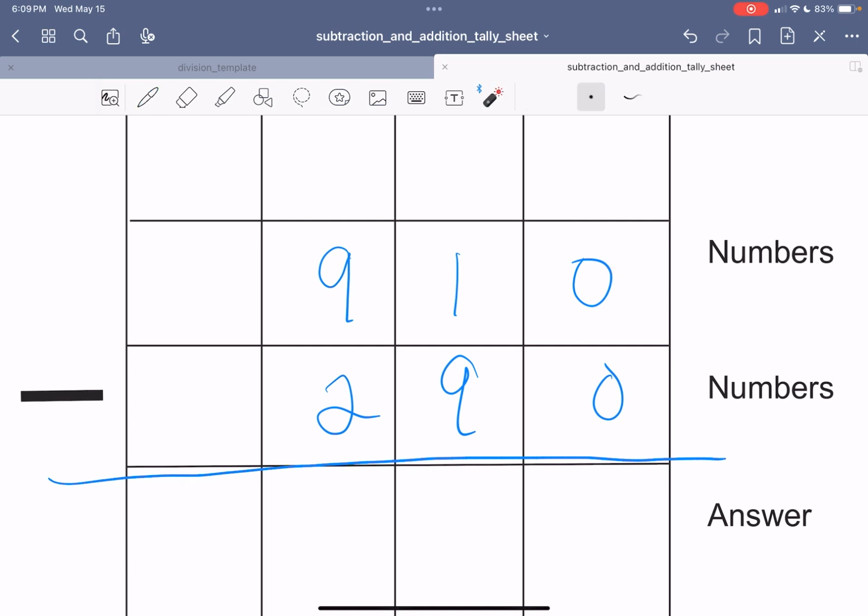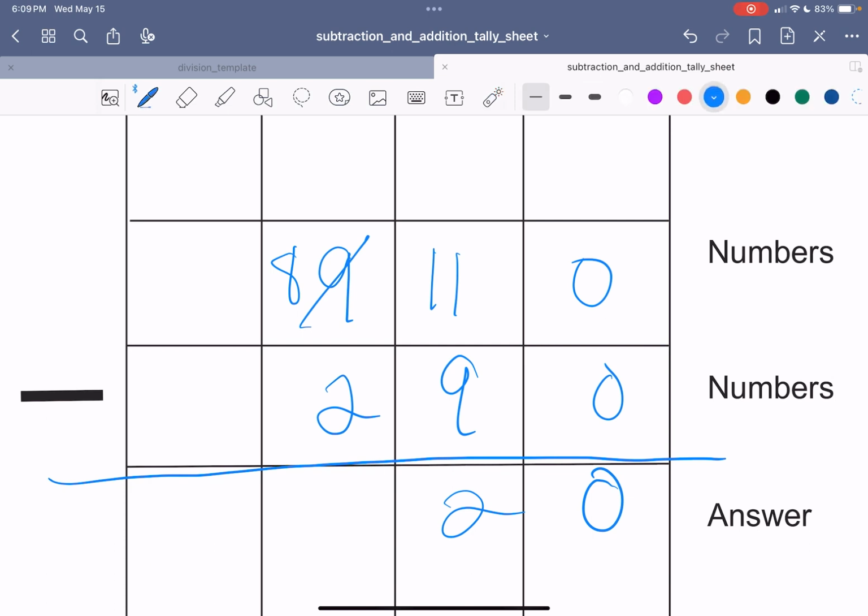All right, so 0 minus 0 is 0. Can't do 1 take away 9, so we got to borrow from next door. The 9 is going to become an 8. And the 1 that we borrowed from the 9, we're going to give to this one. So now this is going to be 11. 11 minus 9 is 2. And 8 minus 2 is 6. The final answer is 620.